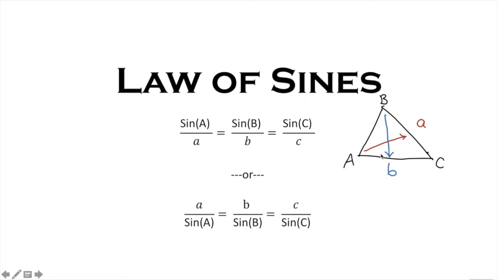It's lowercase, and it's directly across from angle B. And you can imagine that side c would be directly opposite from angle C. Lowercase and uppercase C look pretty much the same when I write them out, but sides are lowercase, angles are capitals, and the sides will match up where they're across from their angles. Okay, so make sure you get that.